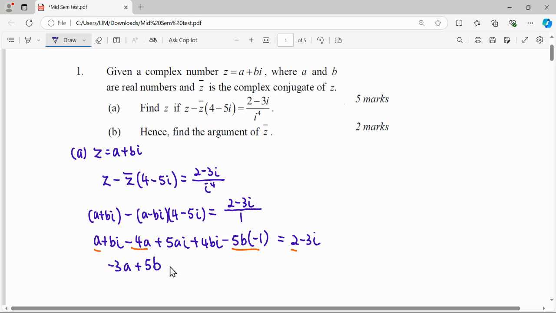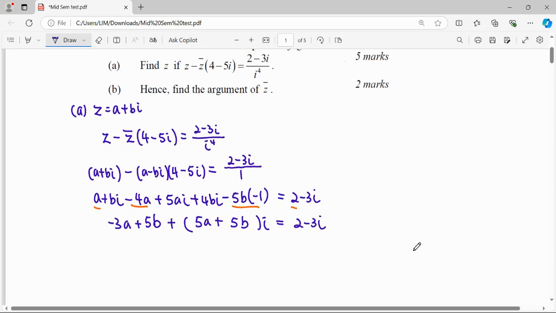So that will be our real part. Then we collect our imaginary part. So we have b plus 4b, 5b. And then here we have 5a. So (5a plus 5b)i equals 2 minus 3i.